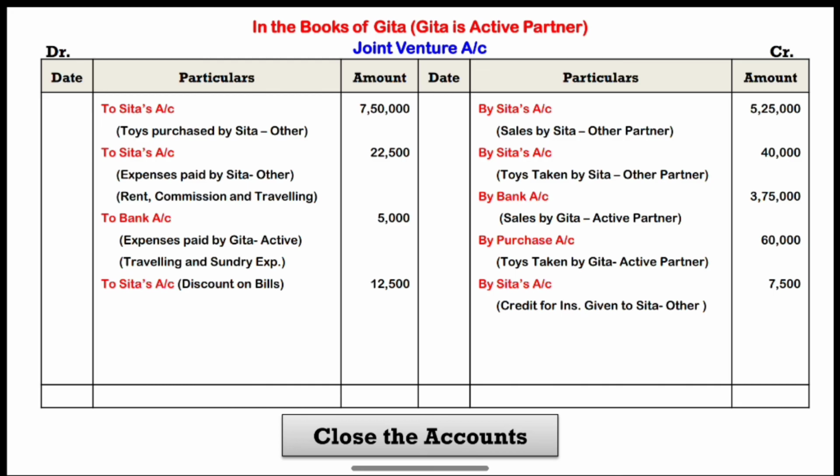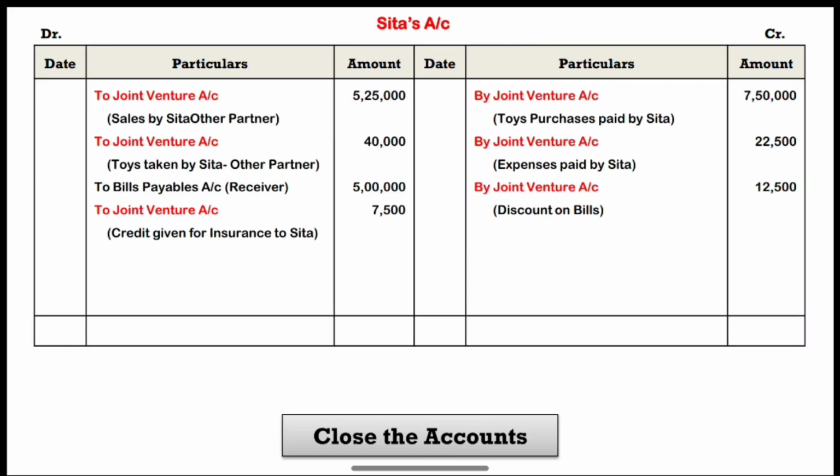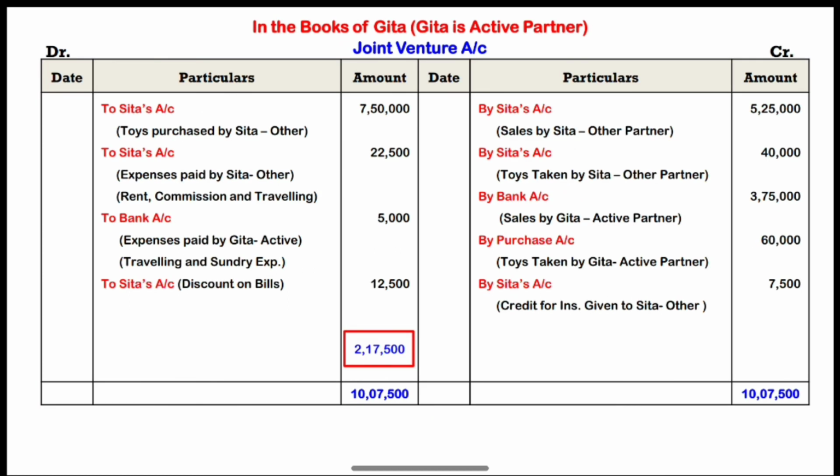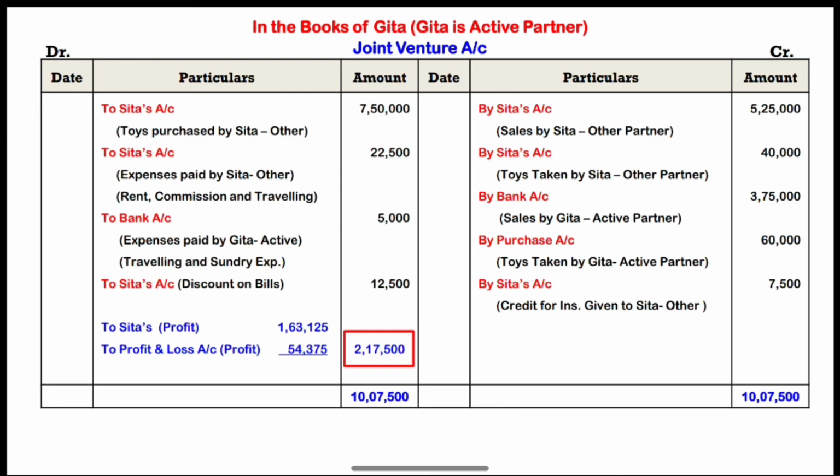We have to close the account. This is in the books of Gita. Earlier we did it in the books of Sita. Here in the books of Gita, we'll close joint venture account and Sita's account. As earlier, the joint venture account will come the same, the profit will come the same. So if we close joint venture account, total is 10,07,500. Balance 2,17,500 is the profit.